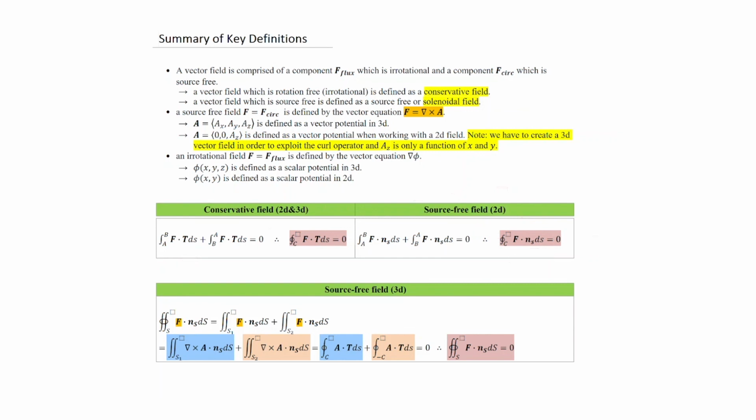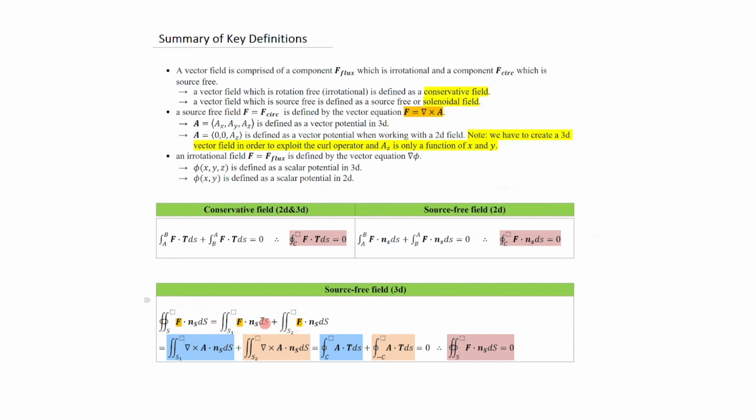For a source-free field in 3D, we start with the notion of a closed surface. So this means the vector field F dot N dS. This is the surface area vector pointing outwards from the surface. And now what we're going to do is break this up into an upper surface and a lower surface.